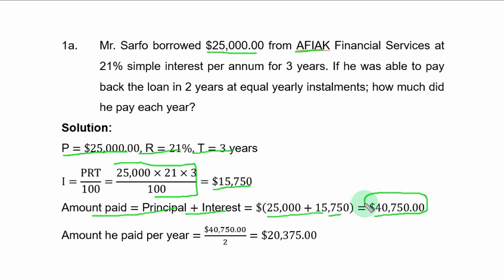Amount he paid per year, since he was able to pay the loan in 2 years at equal yearly installment, the amount he paid per year is dividing total amount by 2. That is $40,750 divided by 2, and that gives $20,375.